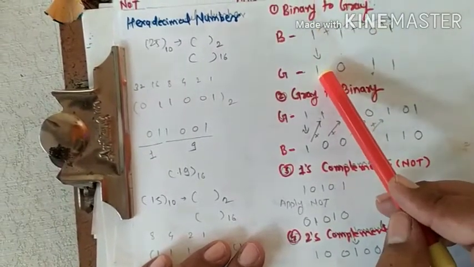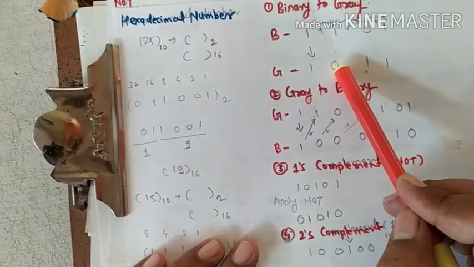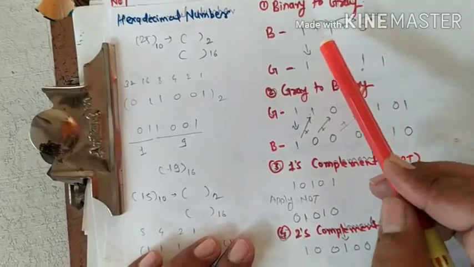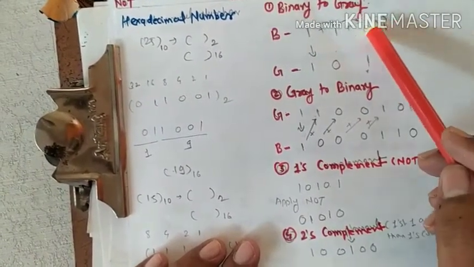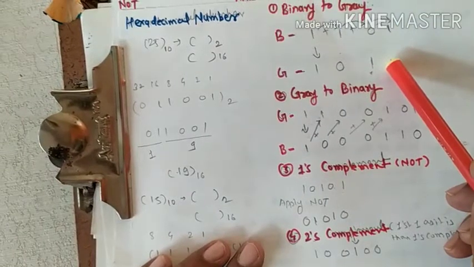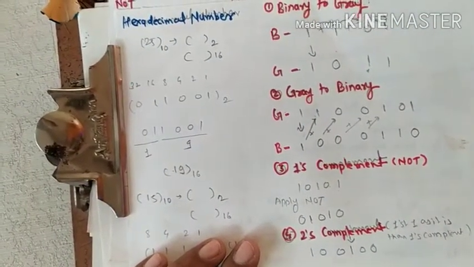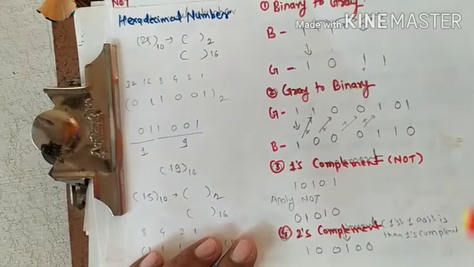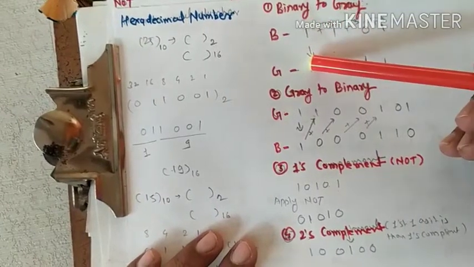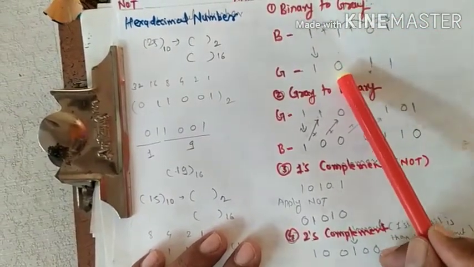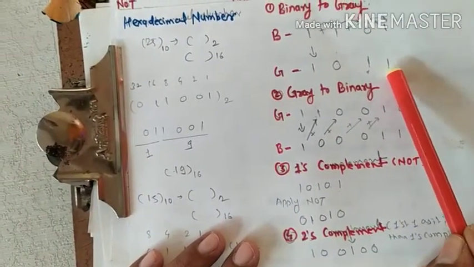So 1 as it is 1, 1 plus 1 is 0, then 1 plus 0 is 1, and the next 0 plus 1 is 1. We already know 1 plus 1 is equal to 0, and 0 plus 1 or 1 plus 0 will be 1. I repeat, 1 as it is, then 1 plus 1 is 0, 1 plus 0 is 1, 0 plus 1 is 1.